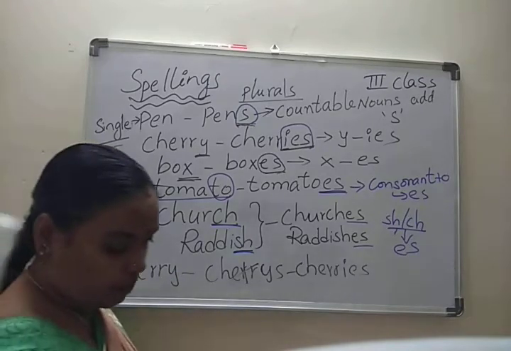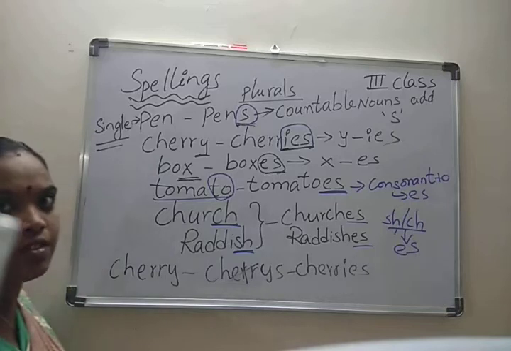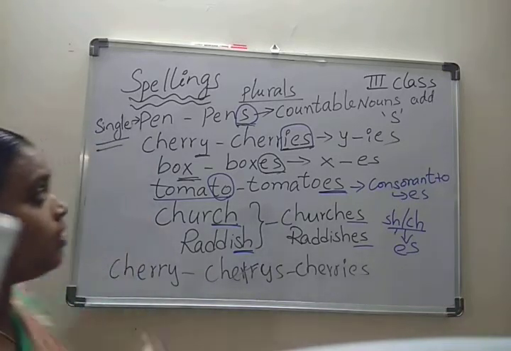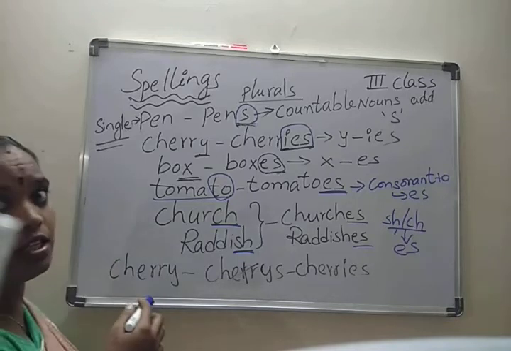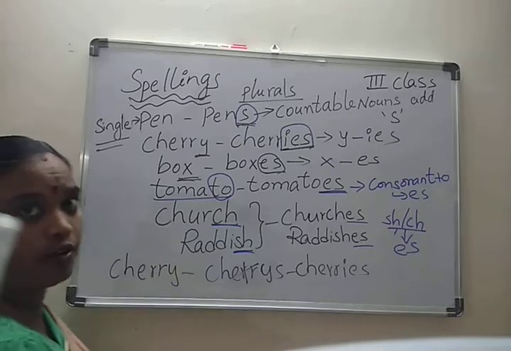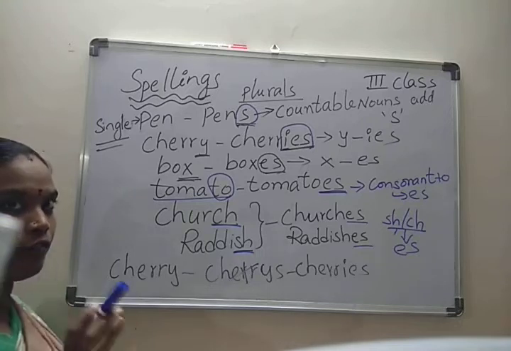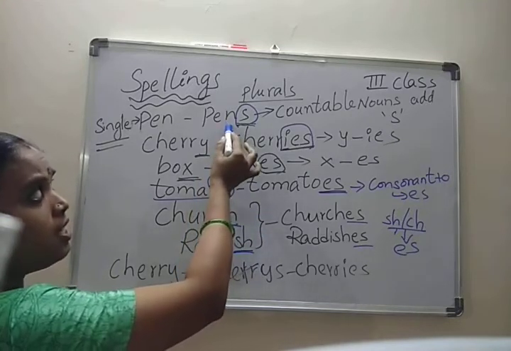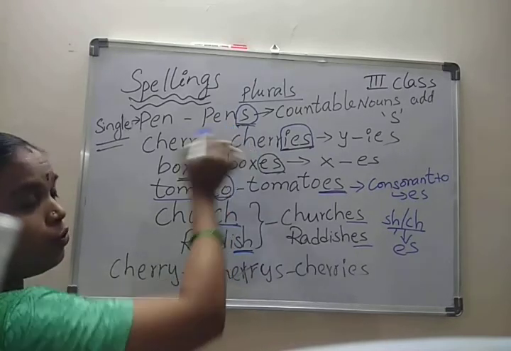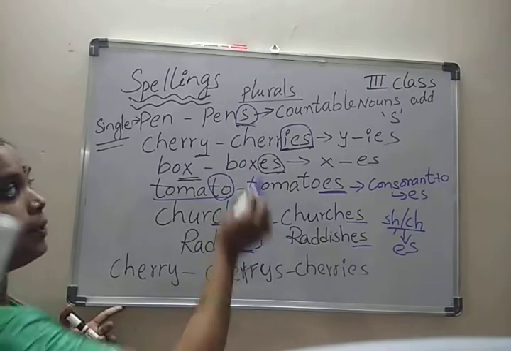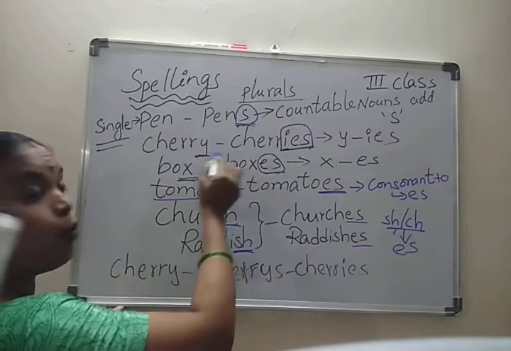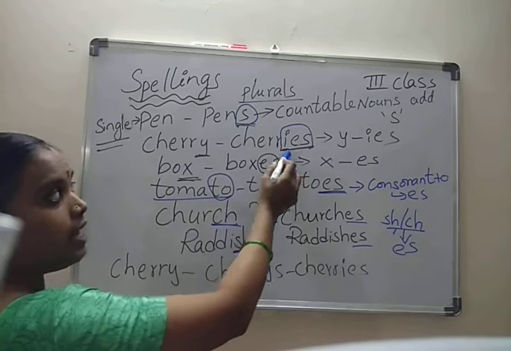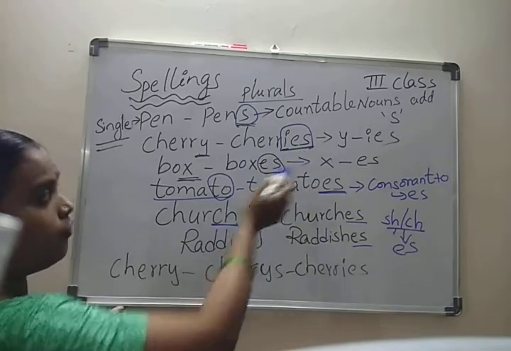In your textbook, page number 16, you have language skills, spellings, plural forms. So whenever you are changing a singular form to plural form, you should be aware of the spelling. Some spellings just add S, a single letter. But when a word ends with Y, it becomes IES in plural form.